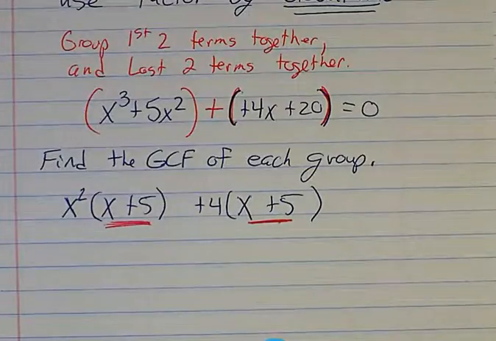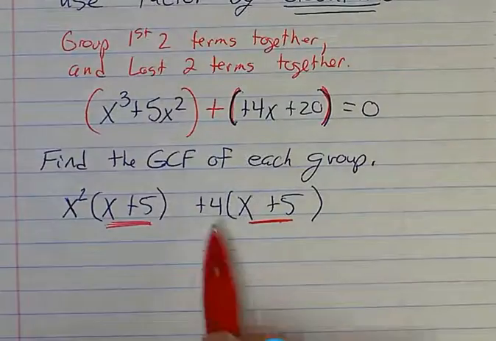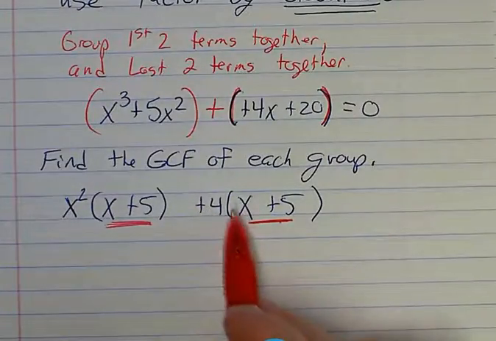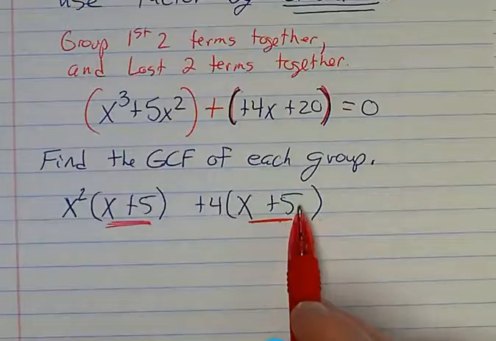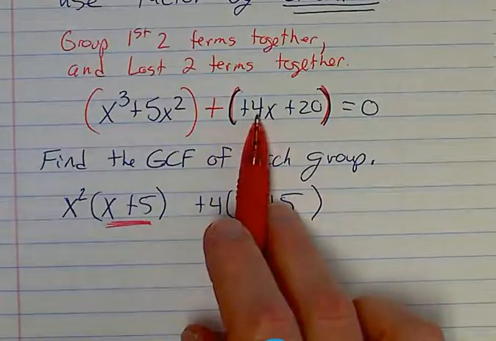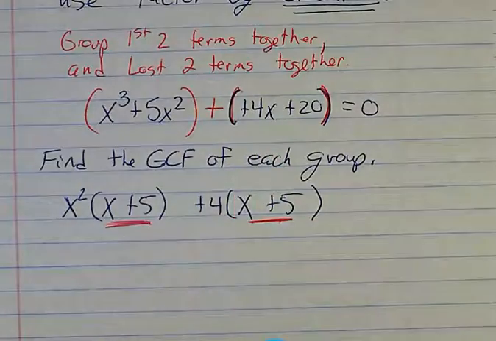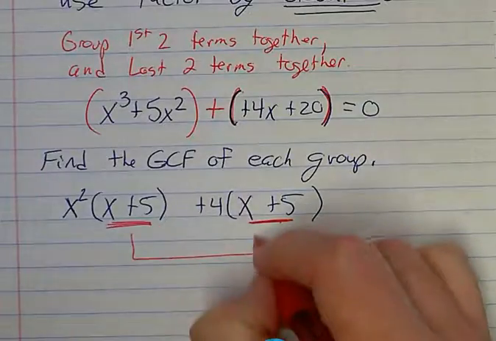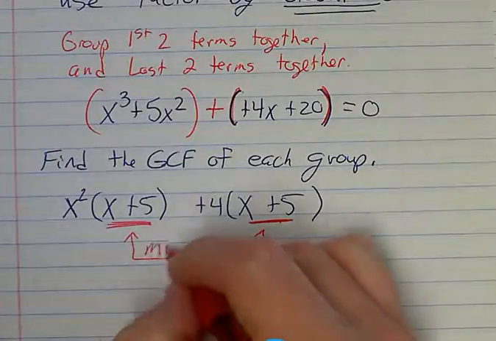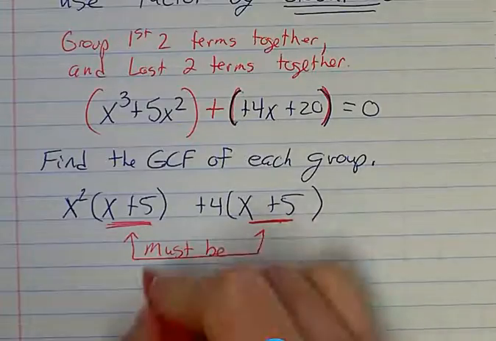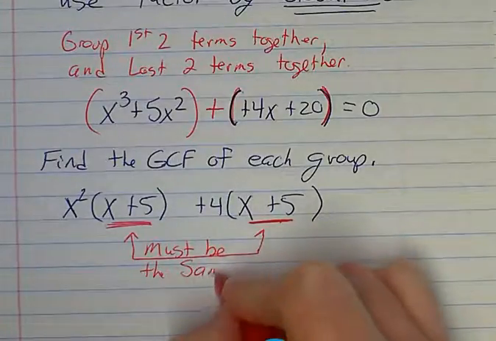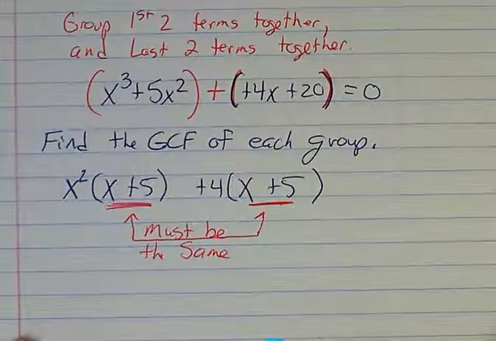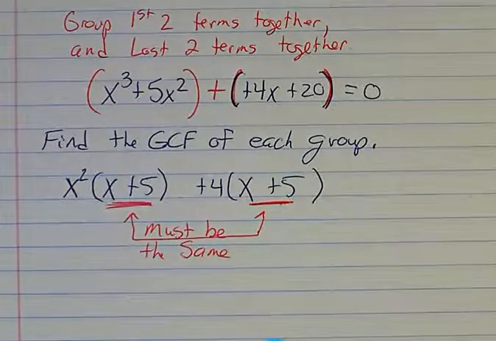There was something off here. Or sometimes people get to this one and they'll have a 2, and tell me this was like 2x plus 10. Well, that just lets me know you didn't take out enough. You took out 2, but really you could have taken out 4. So these two things have to be the same. That's your check. If they're not the same, you did something wrong. So you know right off the bat whether you did something right or wrong.